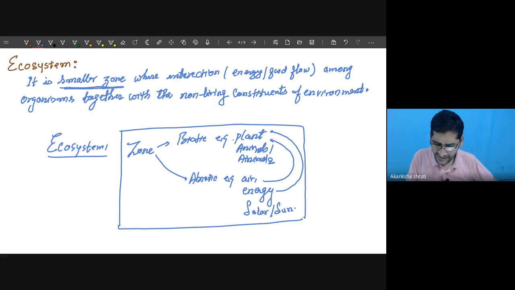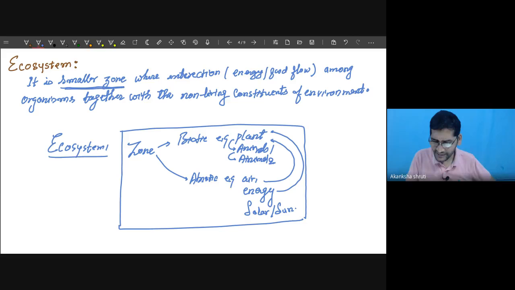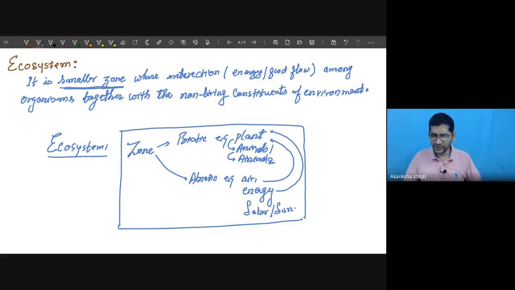Even this plant is taken by animal 1. Maybe animal 1 may be taken by animal 2. So this relation is the food chain.